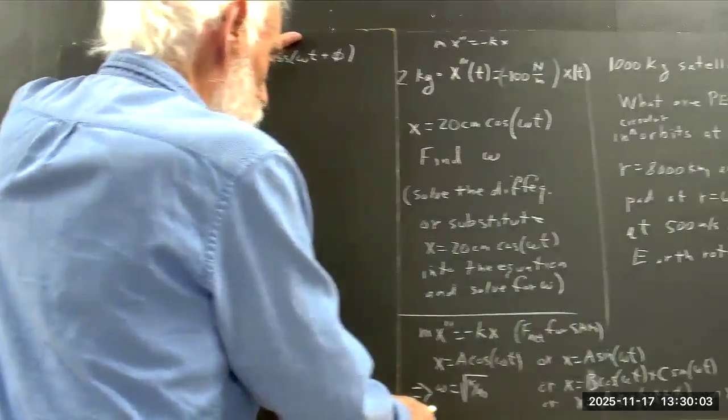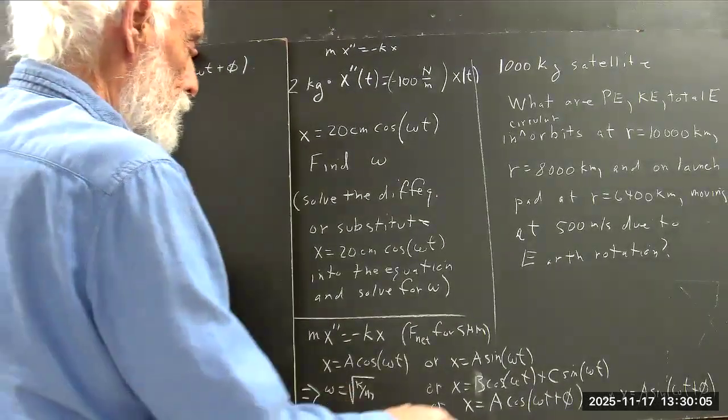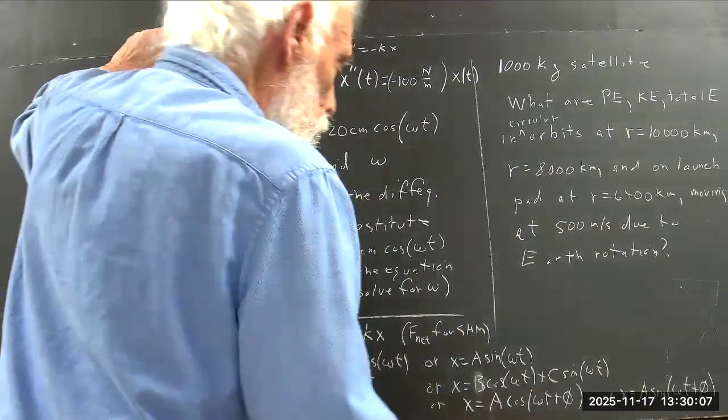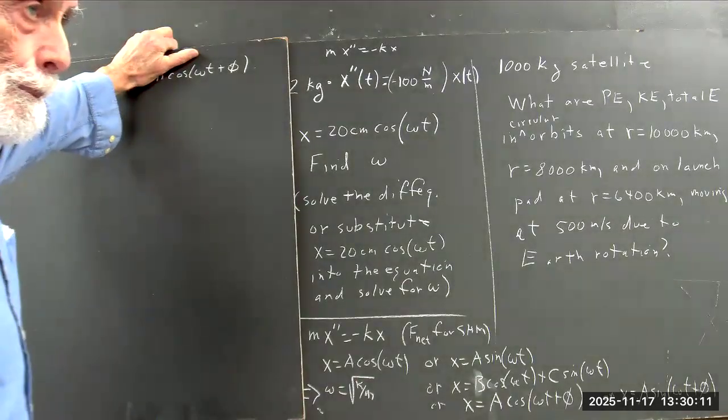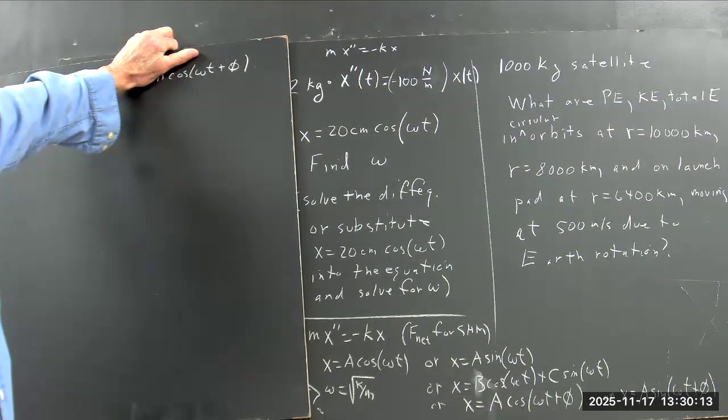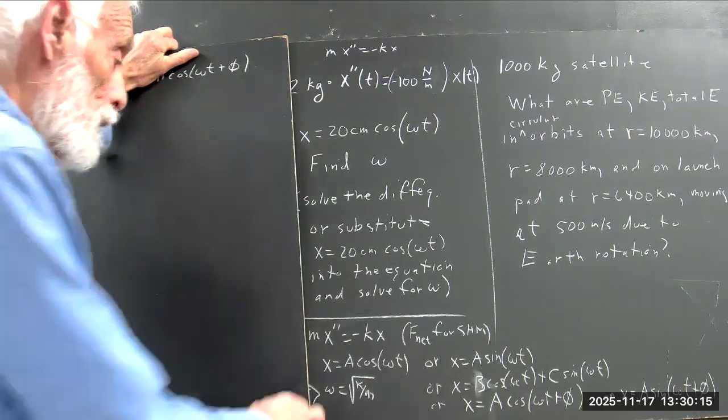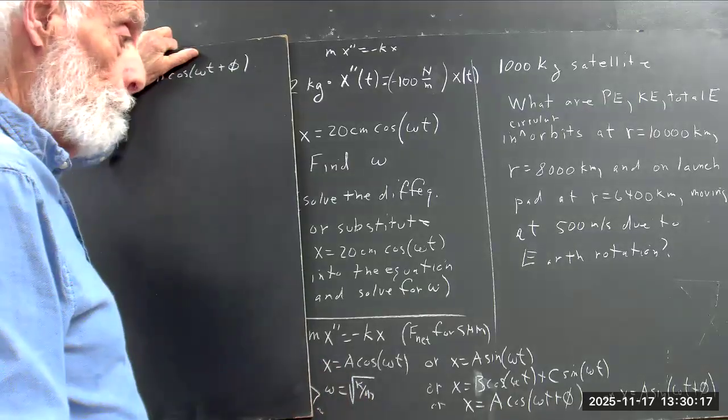I'll just get those. All these different forms work. You can plug any of these into this equation and it works. Okay? With omega equals square root of k over m.